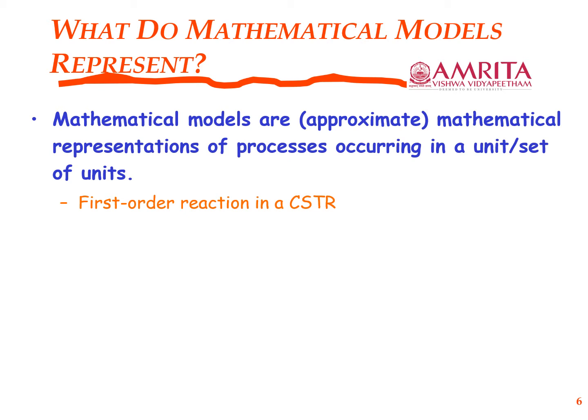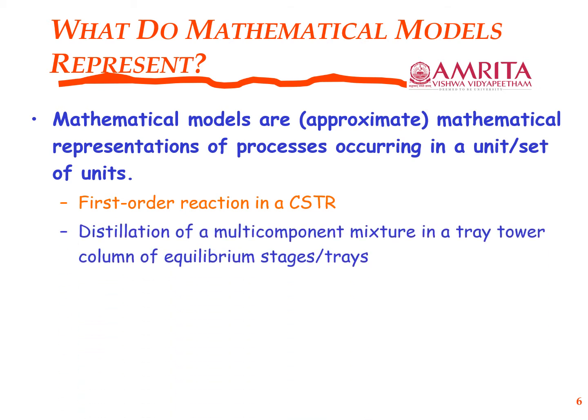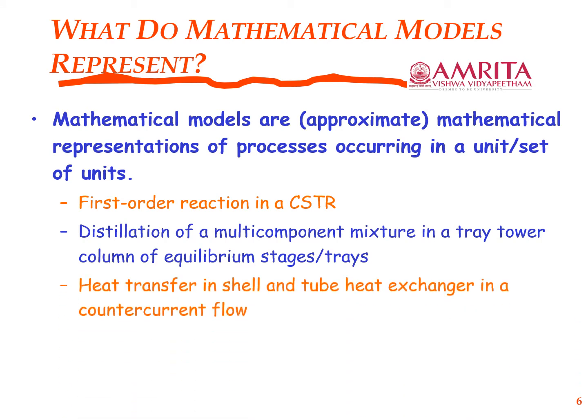So, approximate mathematical representations of processes occurring in a unit. A distillation of a multi-component mixture in a tray tower column of equilibrium stages. We just discussed this. Heat transfer in a shell and tube heat exchanger in a countercurrent flow. Well, again, the countercurrent idea is an approximation. And you assume that the flow is plug flow because you usually have a constant velocity that you assign to the hot stream and the cold stream. That's an approximation.